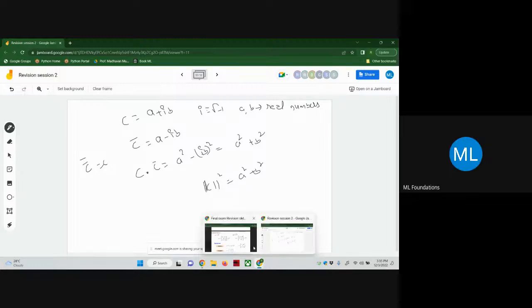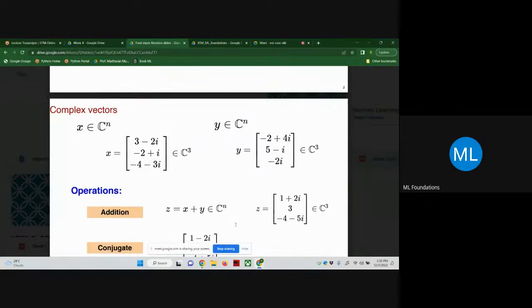So that's just a brief part on complex numbers. Complex vectors just contain complex numbers as components instead of real numbers. In this particular case x belongs to three-dimensional complex space, with components 3 minus 2i, 2 plus i, and 4 minus 3. Since we have these imaginary parts, it's called a complex vector.